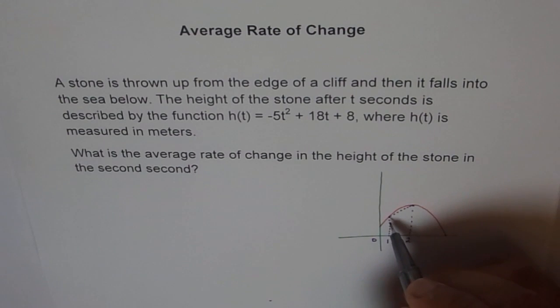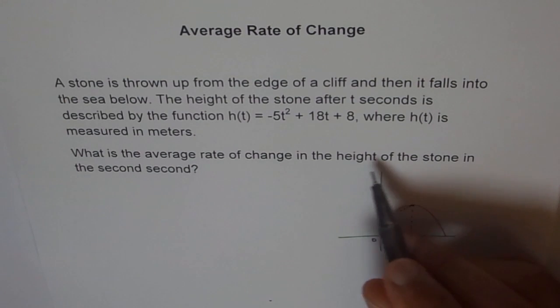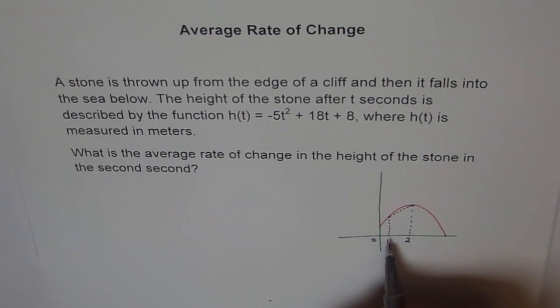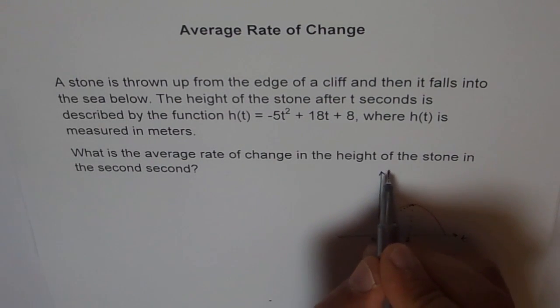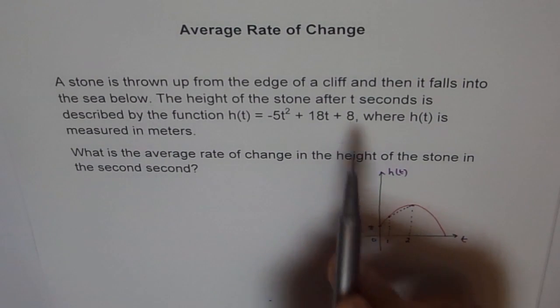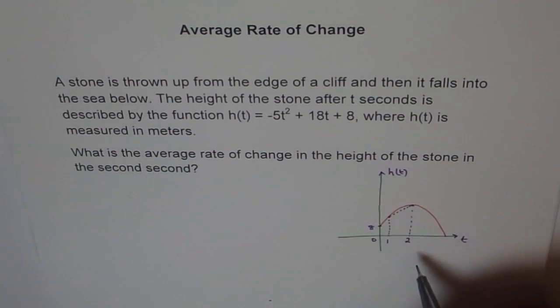But here we're trying to visualize the situation. Second is a time between, let's say this is time t, and this is our function h of t. And this of course is 8, because if you put t as 0, you get 8. So that is the kind of situation we have.